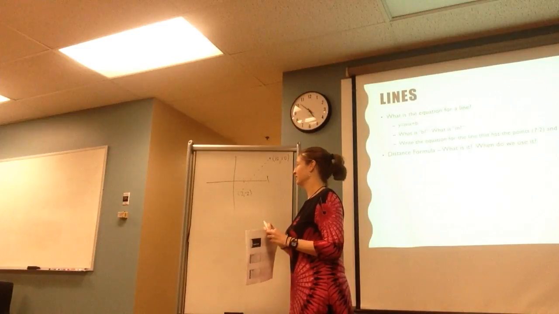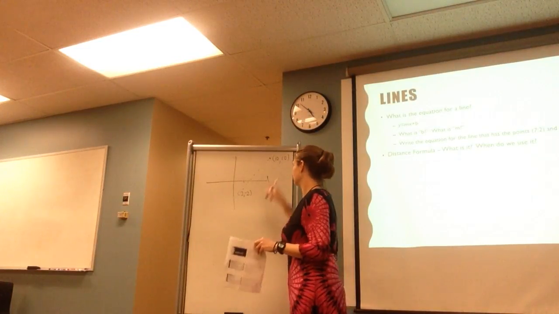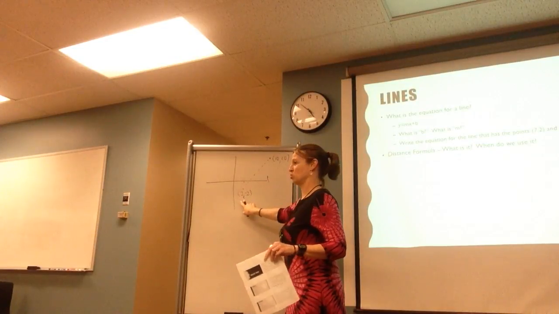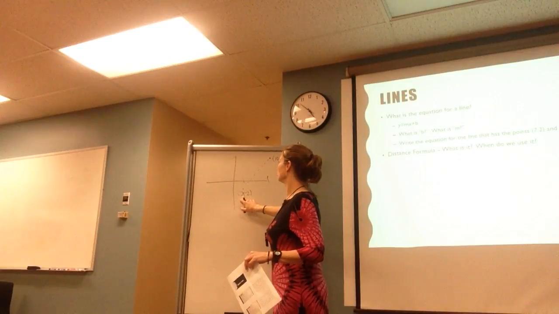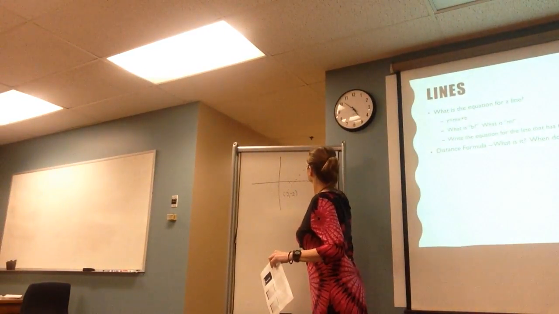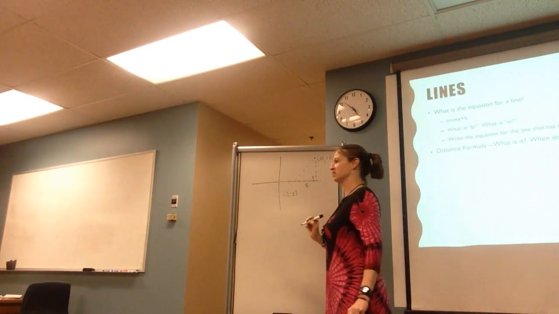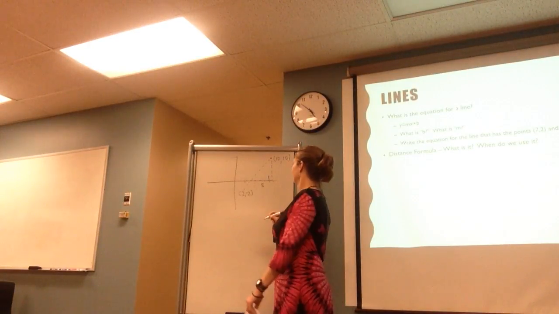Would you subtract 10 minus 2? Yeah. If I subtracted 10 minus 2, that would tell me how much I've changed on the x-axis, sure. So that tells me that that's 8. Okay. How do I find the distance of that?